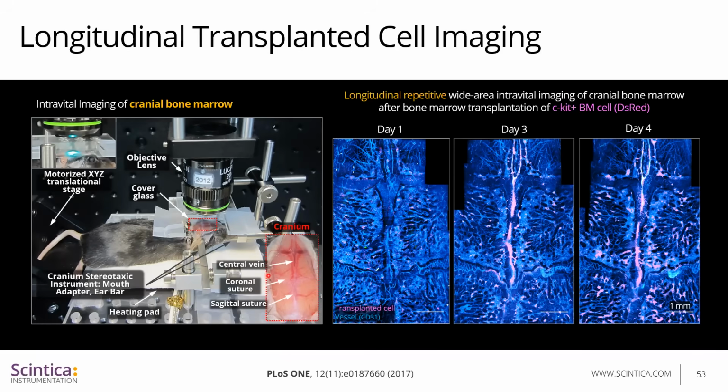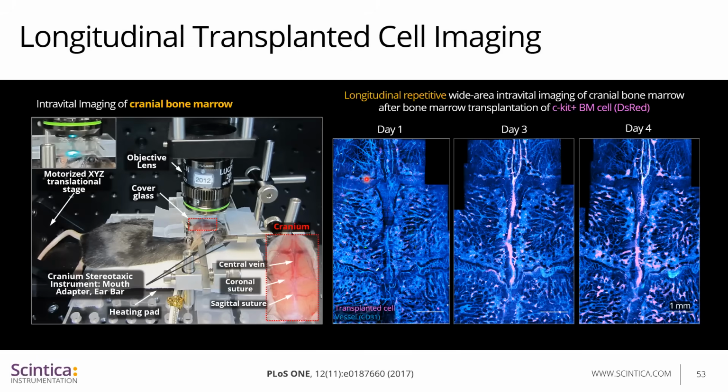So as you can see here, the skull is exposed, and a cover glass is placed over it that allows for optical imaging of the calvarial bone, and you can nicely see all of the large veins and the sutures running through this. On the right are some longitudinal wide area confocal images of this same bone.